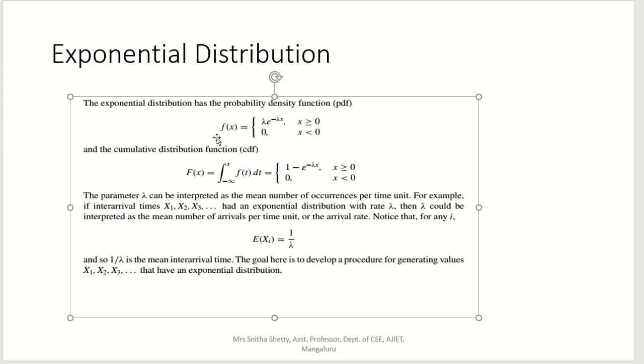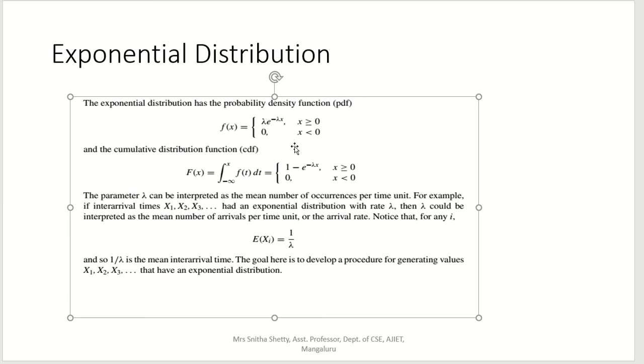Here the PDF f of x is equal to lambda e to the power minus lambda x, where x is greater than or equal to 0. I'll repeat this: the PDF of the exponential distribution is lambda into e to the power minus lambda x when x is greater than or equal to 0.